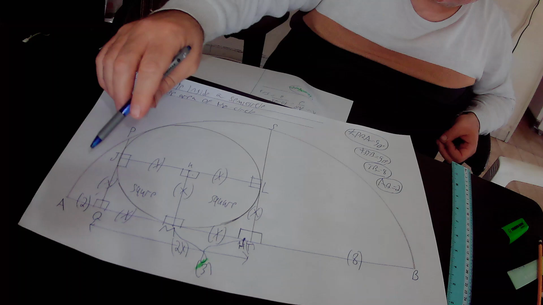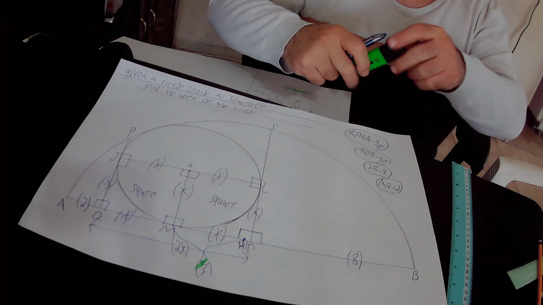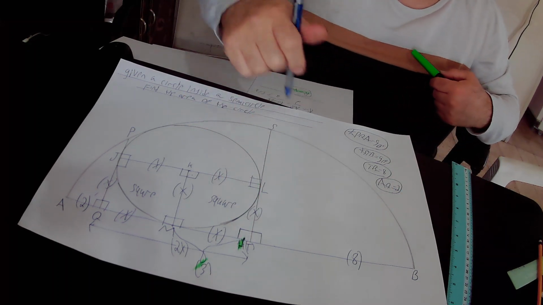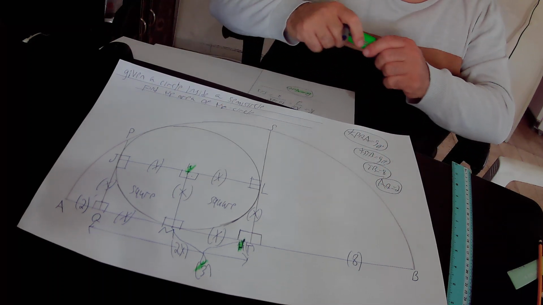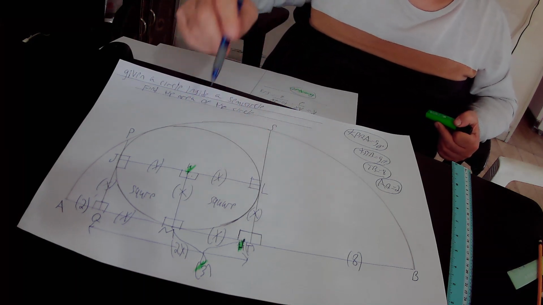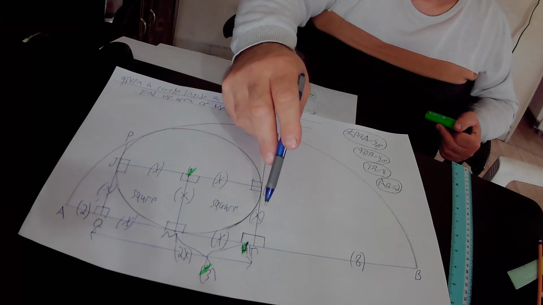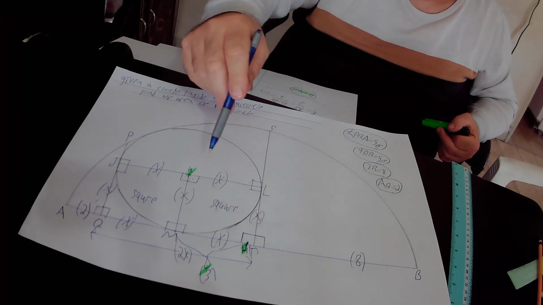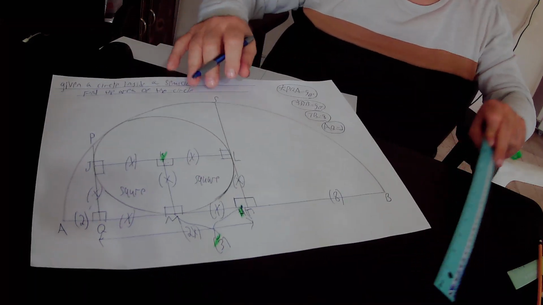The center of the big semicircle is here at point H. The center of this small circle is here at point K. The line that connects the centers together is the line HK, and the line HK must pass through their touching point. That is this point. So I connect the centers H and K together, and the line HK must pass through their touching point, according to rule 9.